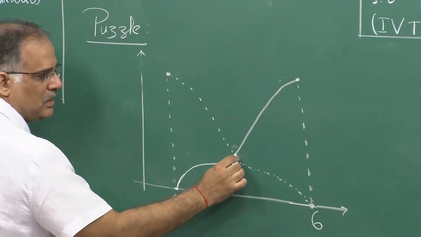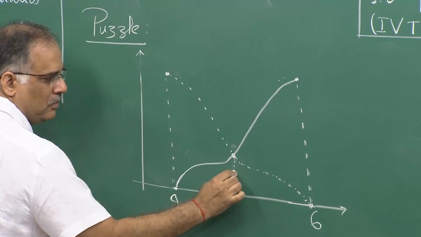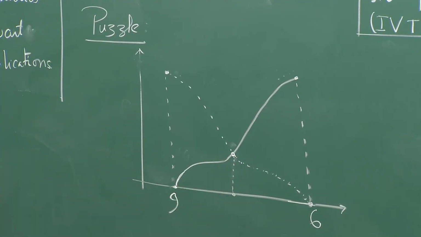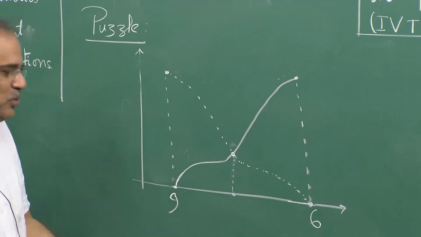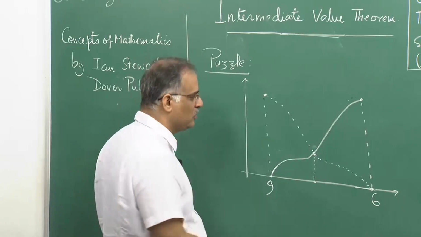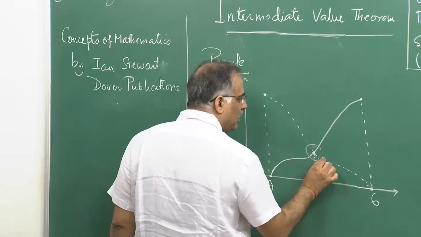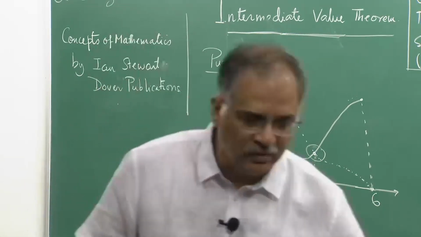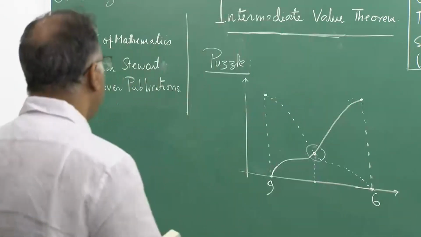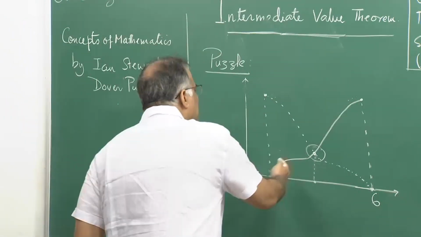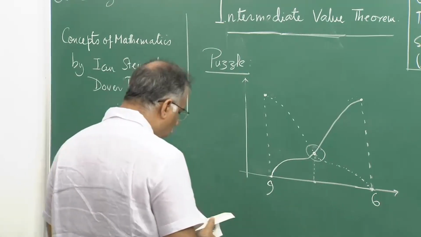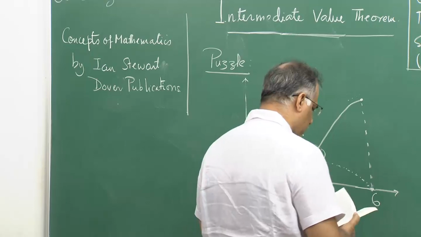Then you see that there is a time when both of their paths cross, which means the ghost and the man should be face to face at that point. So this is nothing but the intermediate value theorem. And what is this form of the intermediate value theorem? We will just write it down. This is a particular way of talking about the intermediate value theorem.